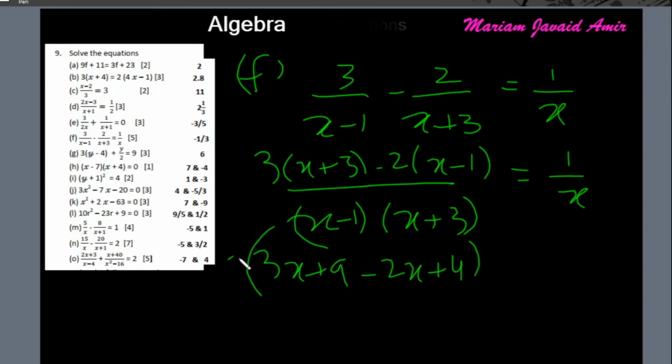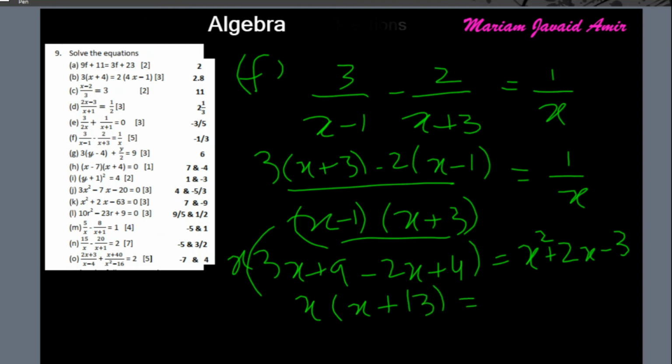This gets multiplied with x, and this becomes, I'm going to open this and multiply it with 1. So x square plus 3x minus x is plus 2x minus 3. So this becomes x plus 9, 10, 13, and then this is x square plus 2x minus 3. So x square plus 13x equals x square plus 2x minus 3.